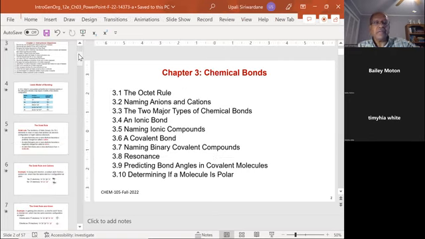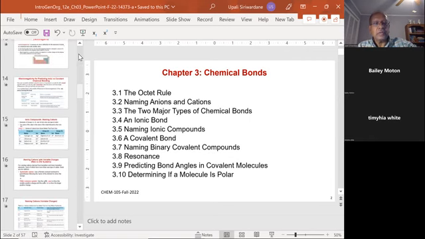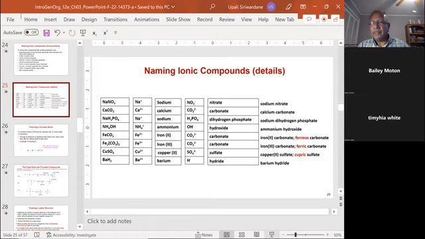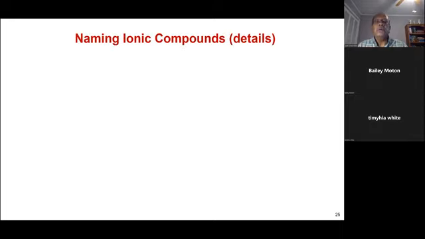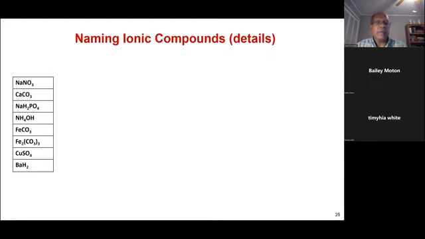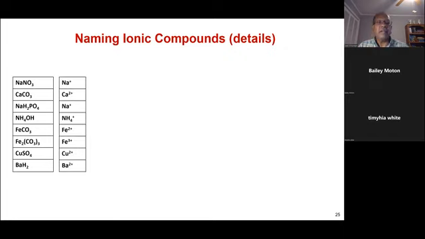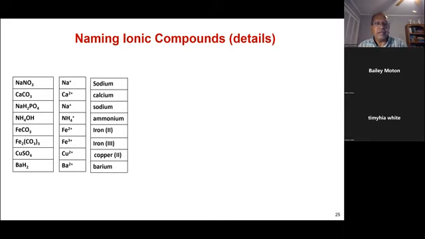Let me go to the last slide we went over: naming ionic compounds. We went over how to name a compound given a formula. You had to identify the cation symbol, sodium plus, calcium plus 2, from the formula, then get the name of the cation.